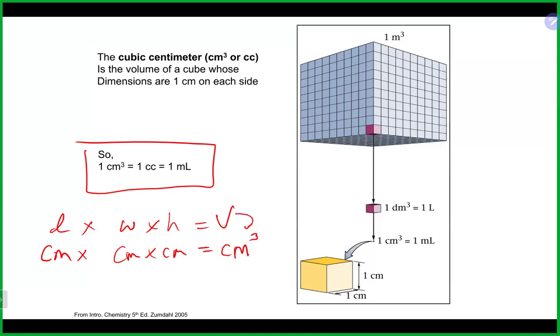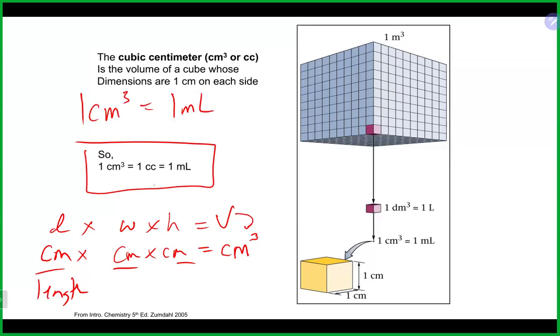The individual measurements here are all length measurements, but when we multiply them together, we get volume. Really important relationship. Again, 1 cubic centimeter is equal to 1 milliliter.